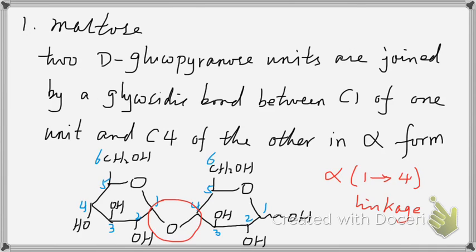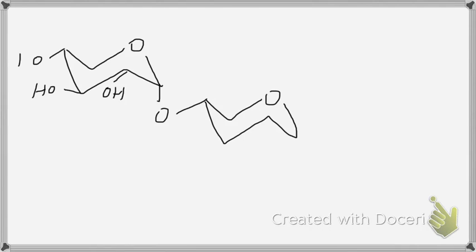The six-membered ring sugars will be put in the chair conformation. So let's see the chair conformation for maltose.